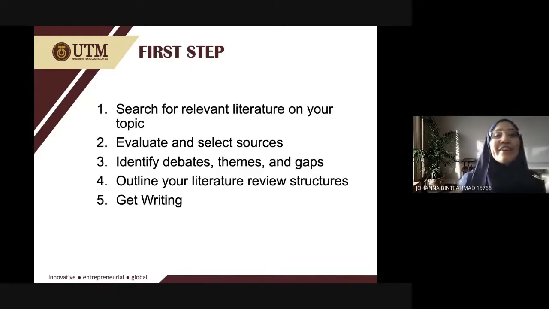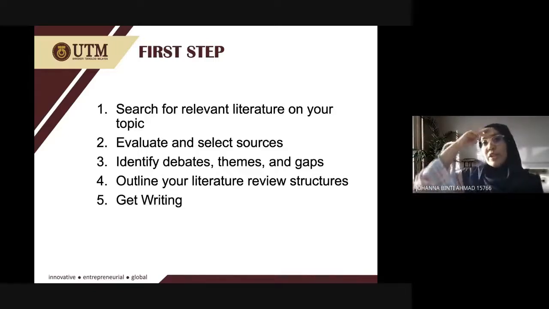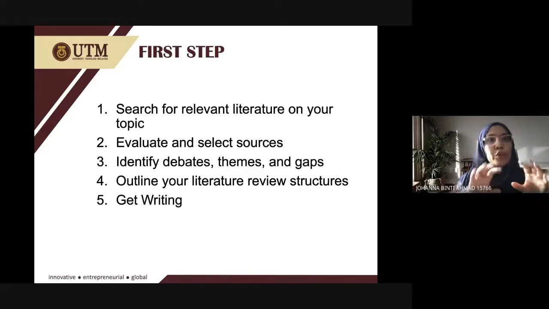So after you download it, you get all the information. You need to identify and categorize it so that it will be easy for you to search it again. For example, like my example just now, let's say we are trying to propose a test case prioritization algorithm with the enhancement of machine learning.